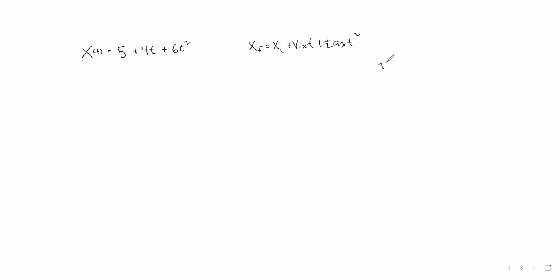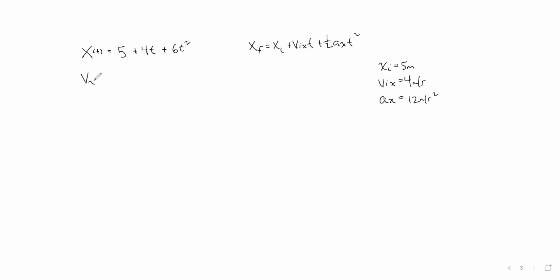I'll write down that information here so we remember it. x initial is 5 meters. The initial velocity in the x direction is 4 meters per second. And the acceleration is constant in the x direction. That's why this function has the same form as our constant acceleration kinematics formula. The acceleration is 12 meters per second squared.